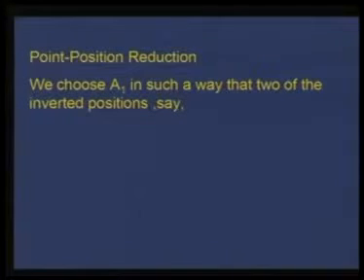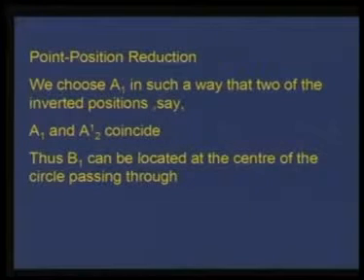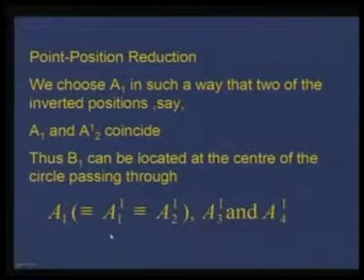We chose A1 in such a way that two of the inverted positions, in the example what we did, A1 and A21 coincide, and then B1 can be located at the center of the circle passing through A1, which is same as A11 and also coincident with A21 and A31 and A41. Basically, four inverted positions give rise to three distinct locations, and we can always draw a circle to these three distinct positions, and the center of the circle determines the location of the other moving hinge.